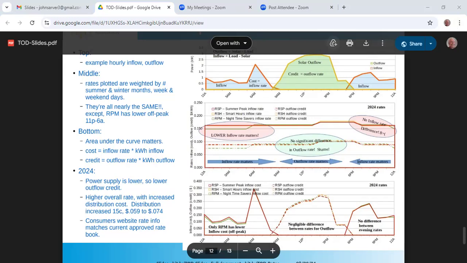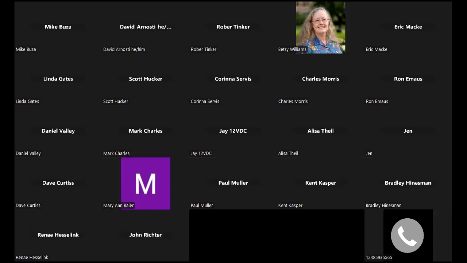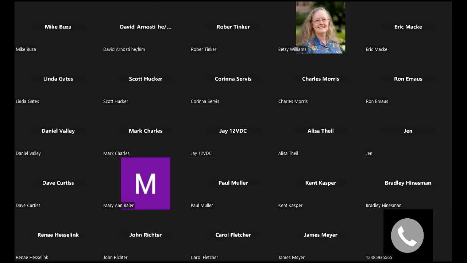Another one was in the questions, Betsy said, if we have a battery and use power from the battery most of the evening, for cost saving mode or just in general, would you still want D1.2? I think yes. I'm on D1.2. If you have a battery, what you can do is avoid using anything from the grid during the on-peak time, depending on how your system is set up.